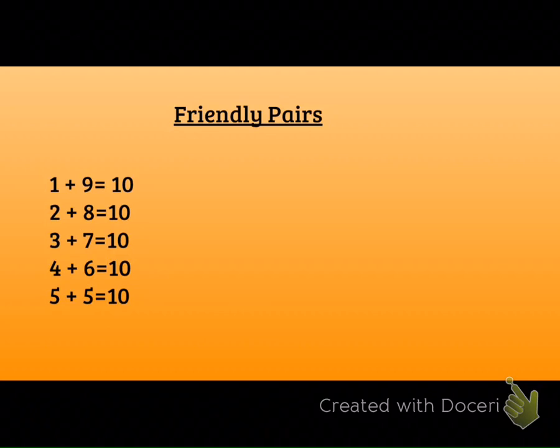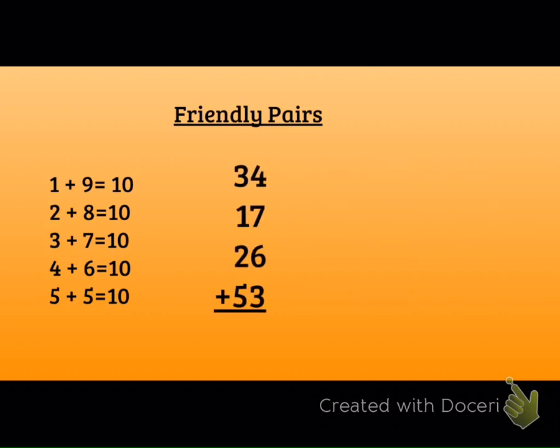When we are adding numbers in a column, in order to do it mentally, we want to look for numbers that add up to 10. In this first example, in the ones column, I can take this 4 and this 6, and I know that is equal to 10. That's a nice friendly number.